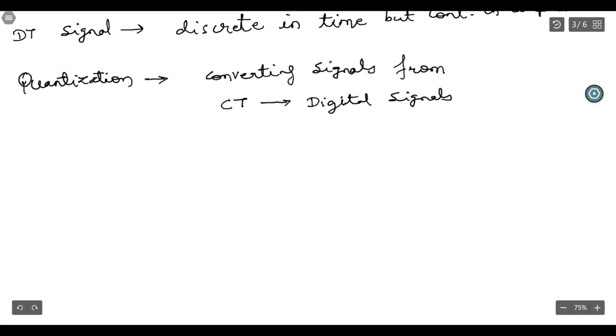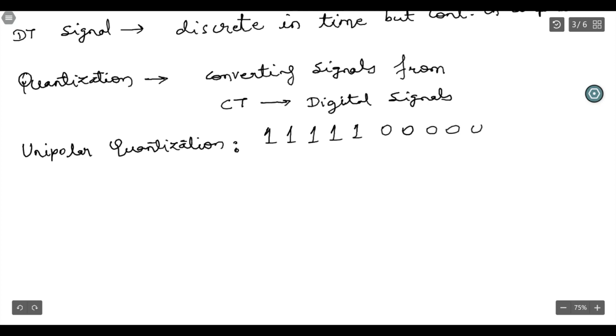We have two types of quantization process. One is the unipolar quantization. In unipolar quantization, we have two polarities, which is in the form of ones and zeros, 1 1 1 0 0 0.